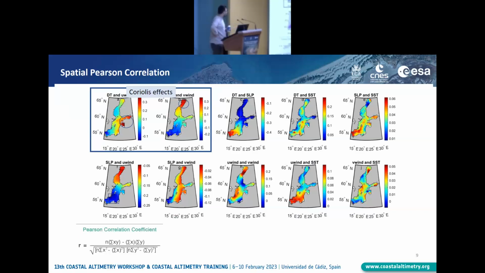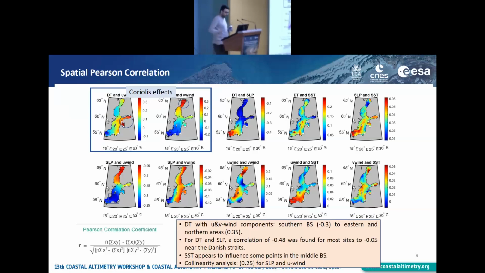Also, the SST had some correlation around 25% in the middle Baltic here. The collinearity analysis was also done between the input features to find highly correlated features and delete them from the modeling. As you can see, we have 25% correlation between the pressure and zonal wind component, so we kept all of the variables in the model.